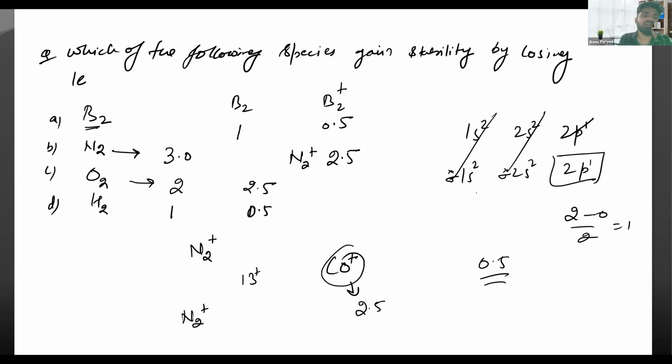So we'll write here that if B2 changes to B2 positive, and if N2 changes to N2 positive, and if O2 changes to O2 positive, and the last one, if hydrogen H2 changes to H2 positive.